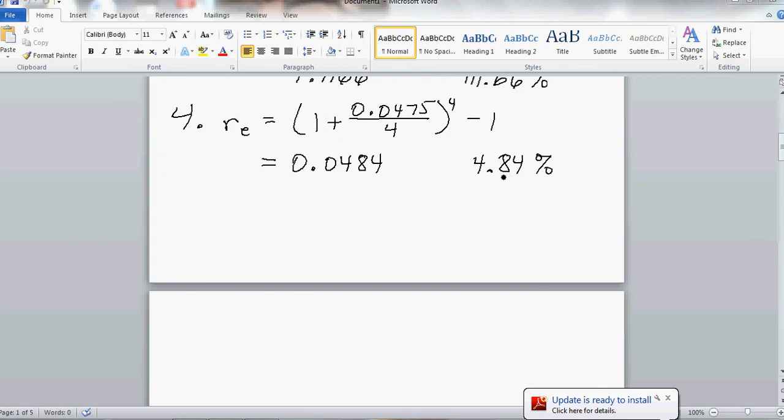Now in these problems, just take it out at this stage to 4 decimal places, so that will allow for 2 decimal places in the final answer.